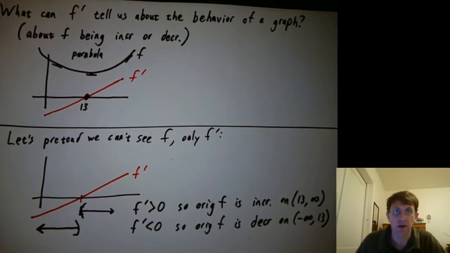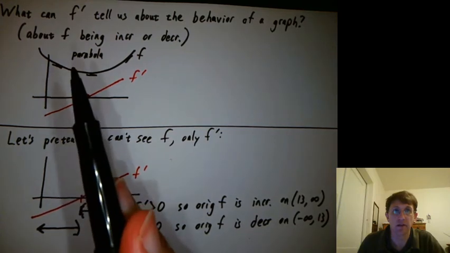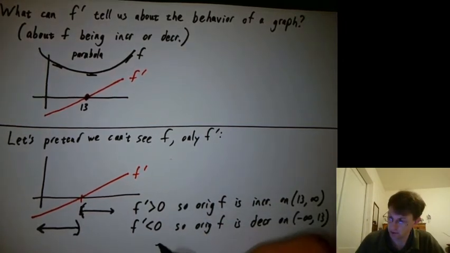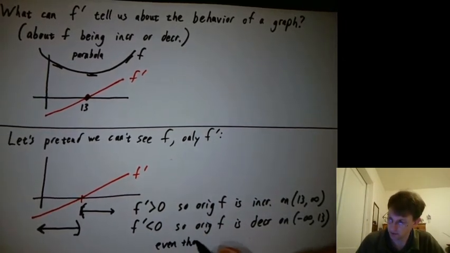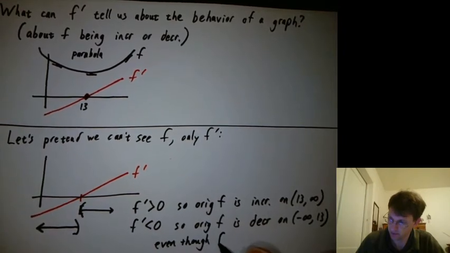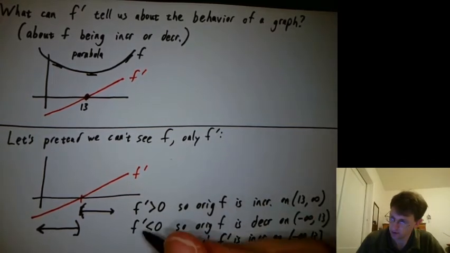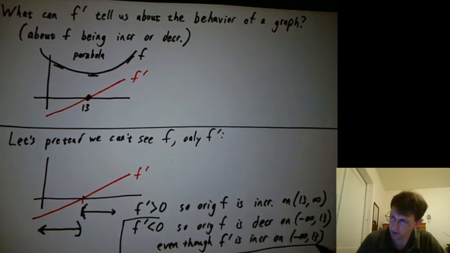So here's the tricky part. f prime is negative here, so the original f is decreasing, even though the derivative is increasing on that range. That's something that trips some people up.